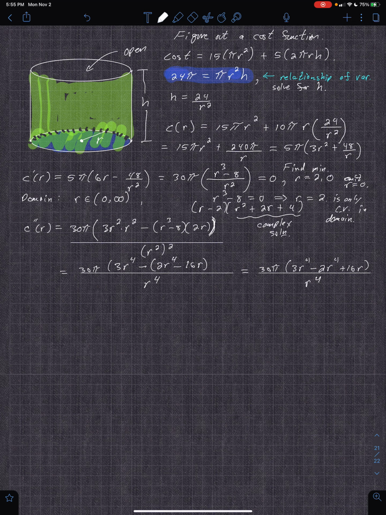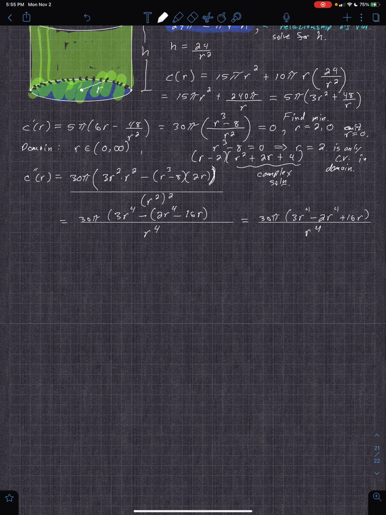All right, so then multiply. Let's check my multiplication. So distribute the 2r, so you get 2r to the 4th. 2 times 8 is 16, minus 8, distribute, makes it a plus.